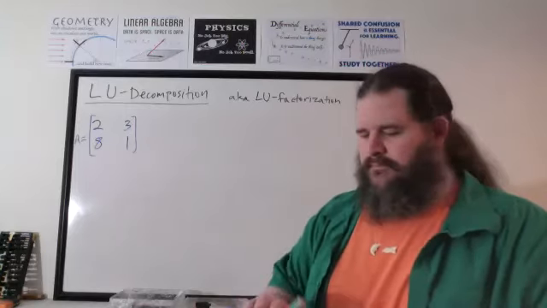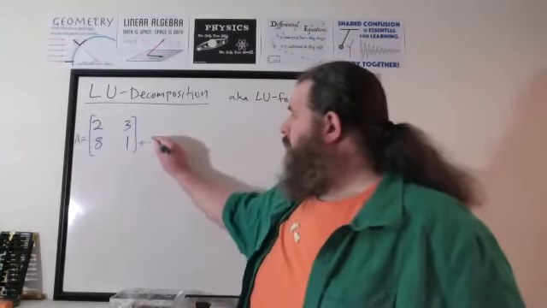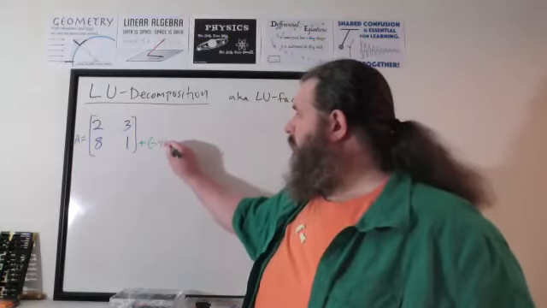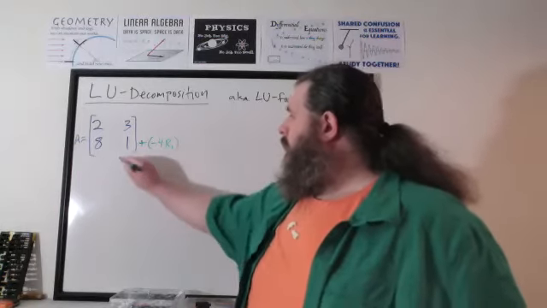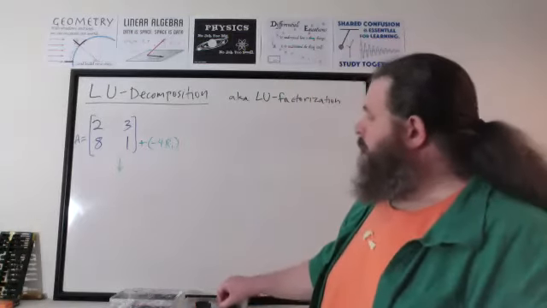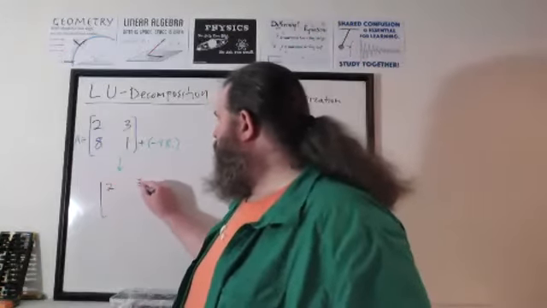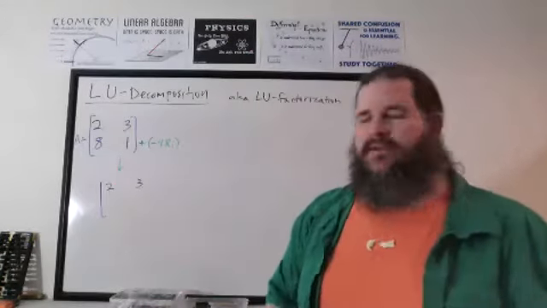Multiply row 1 by -4 and add it to row 2. Yeah, so we're modifying row 2 by adding -4 times row 1. Let's see what that turns into. Top row, we're not changing yet. But the bottom row turns into what here?